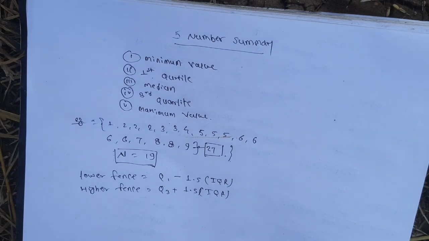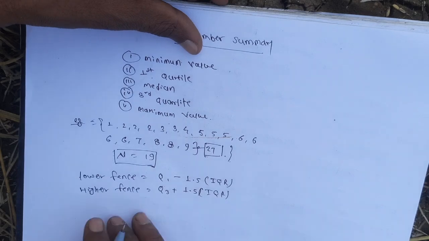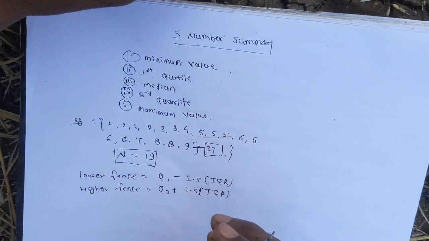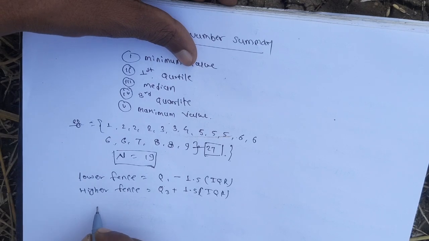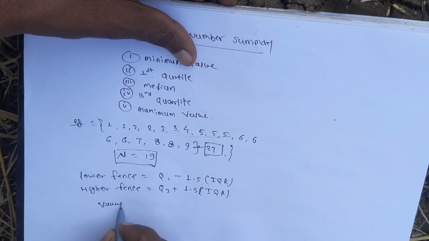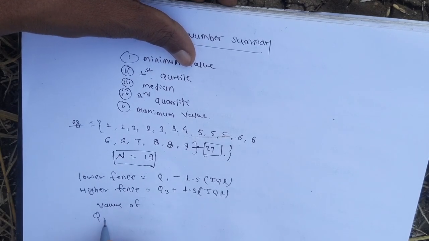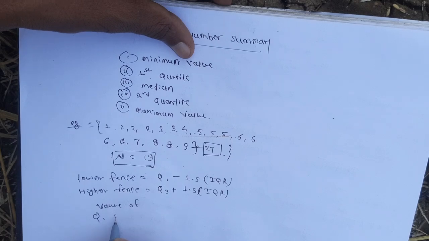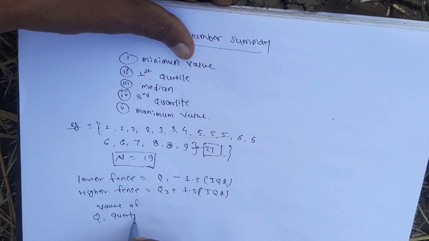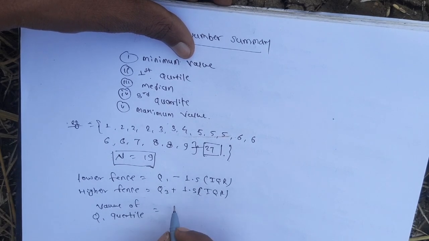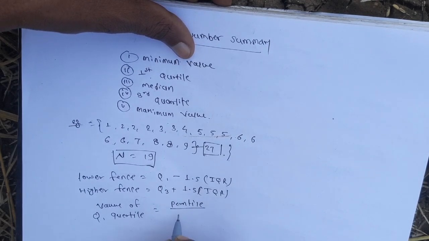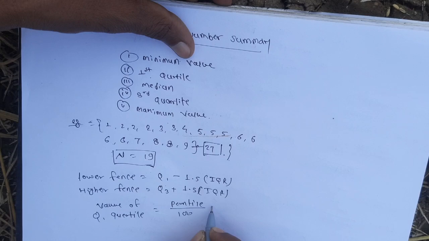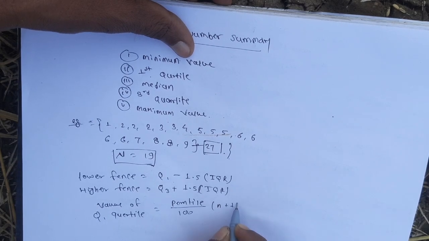First we need the value of quartile 1. What is the value of quartile 1? Let's see the formula for that. The value of the first quartile is equal to percentile divided by 100 into n plus 1.